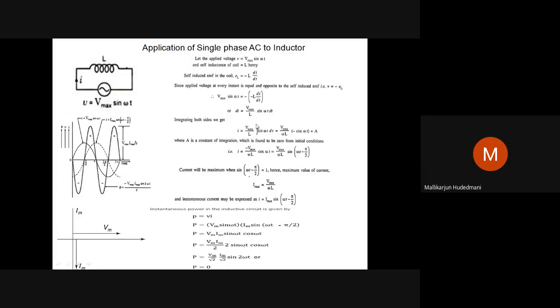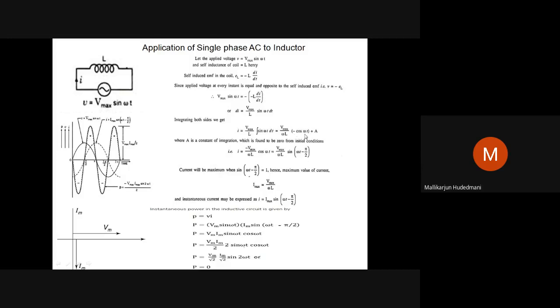It means that can be rewritten in terms of sinusoidal as you can see here. So I equals Vm by omega L cos omega t. This is going to be revised as sine of omega t minus pi by 2. There is a minus outside, taken inside later, which is written directly as Vm by omega L into minus cos omega t, written as sine omega t minus pi by 2.